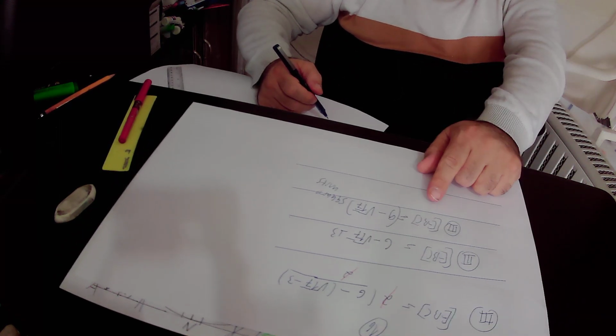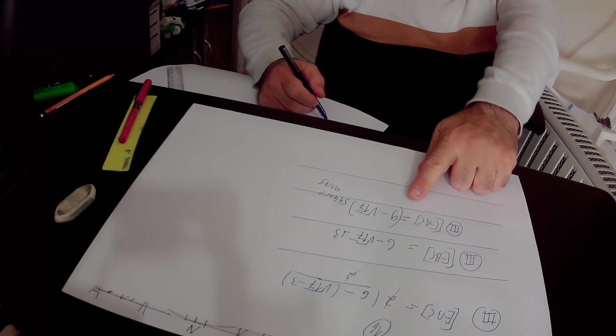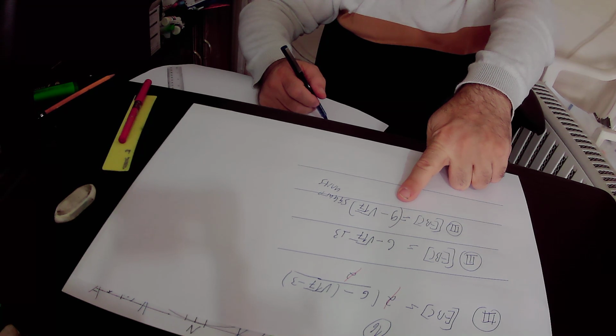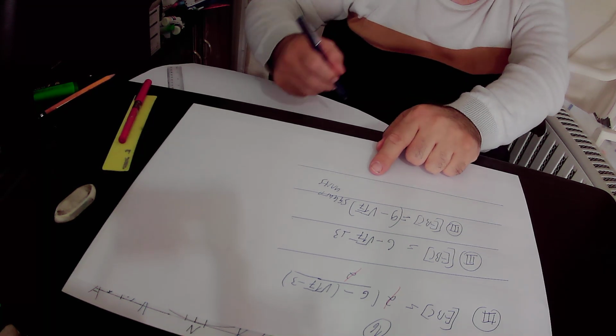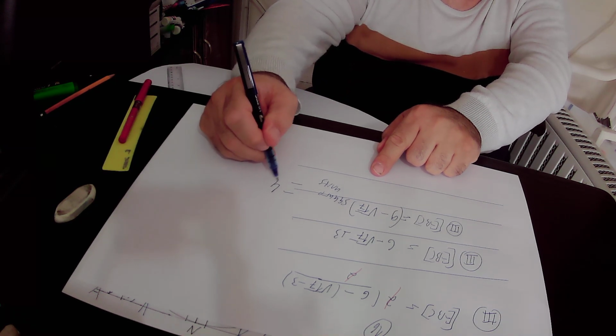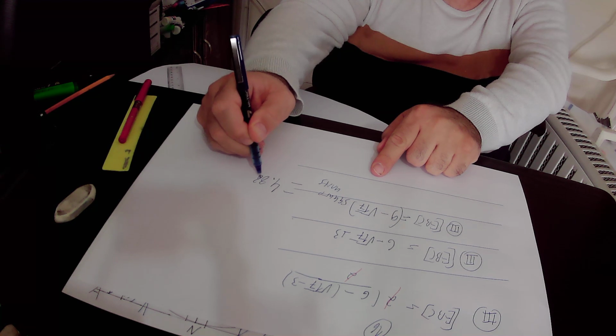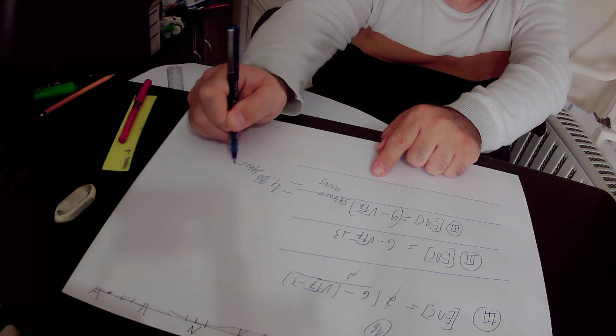So we actually found out that the area of the green right triangle equals either 9 minus square root of 17 square units, or in terms of numbers, it equals 4 minus 88 square units.